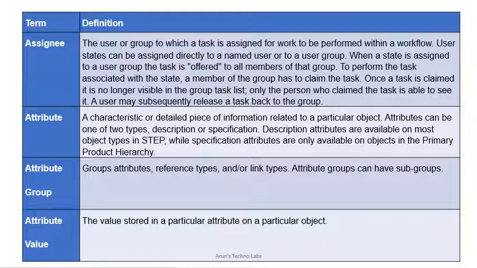For the attributes related to cosmetics, we can define the cosmetics attributes and create a separate group. It is just a grouping to make things clearer. Attribute value: each attribute will have a value assigned for a particular object.